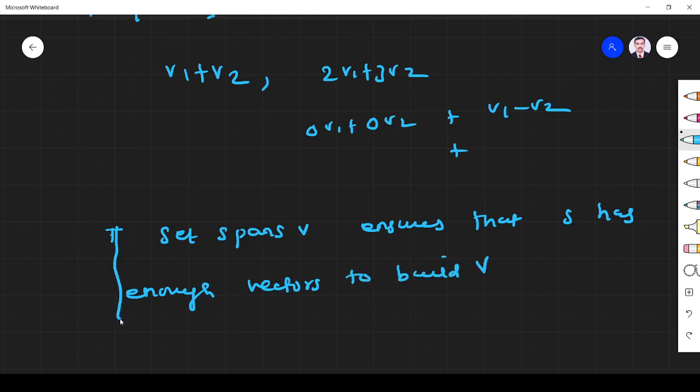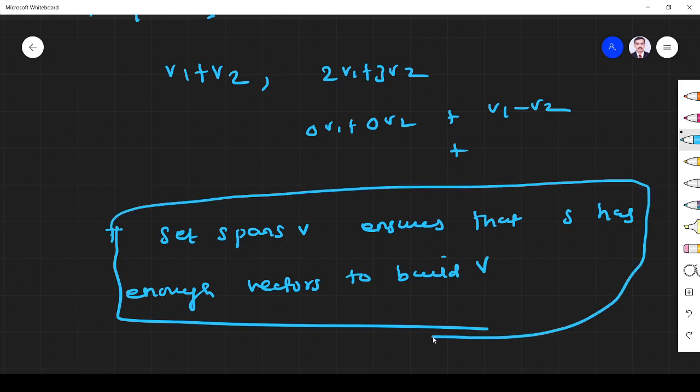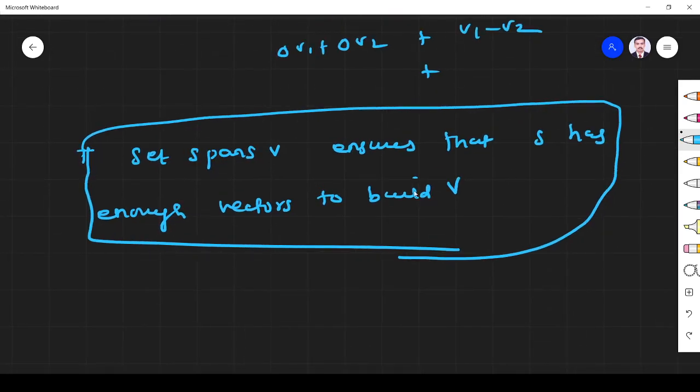So with the given vectors, we can form a vector space. So S has enough vectors, right? If you are able to form, I can form V. That's what set spans V indicates, right?